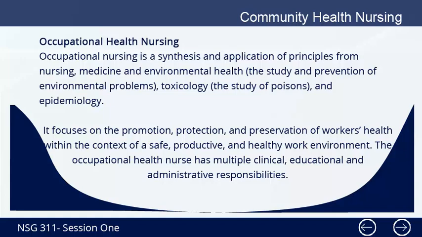Educational obligations consist of identifying teaching or learning needs, developing programs, and evaluating learning outcomes. 3. Administrative duties include performing referral and follow-up, monitoring the work site, implementing corporate and governmental regulations, communicating worker health needs to corporate management, and various other administrative tasks.